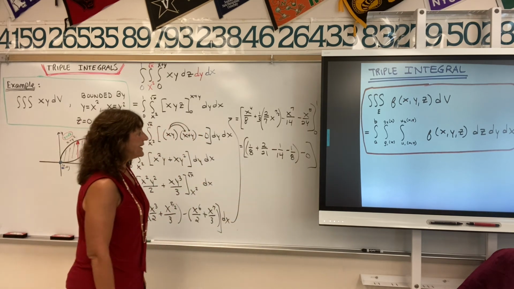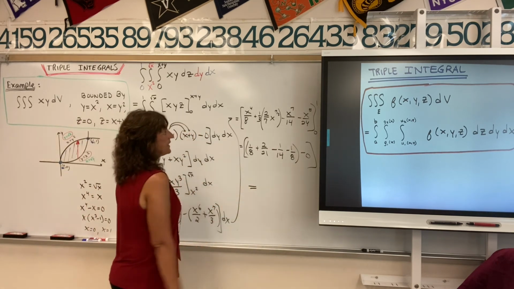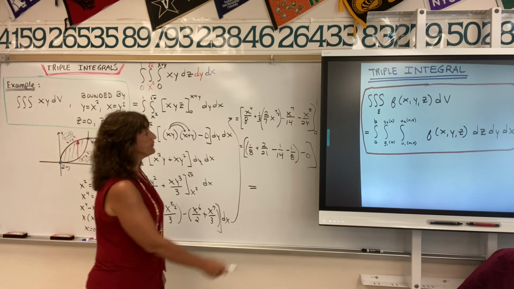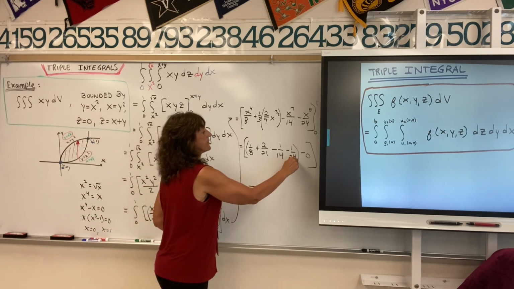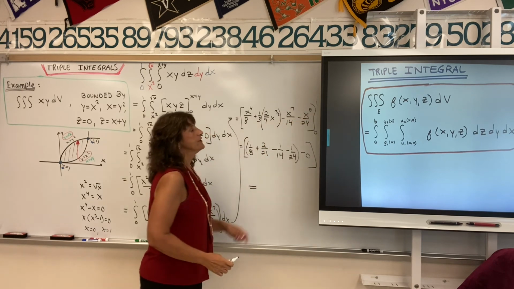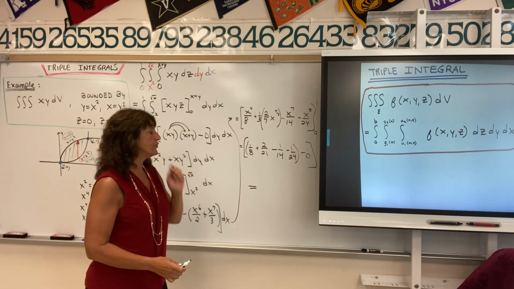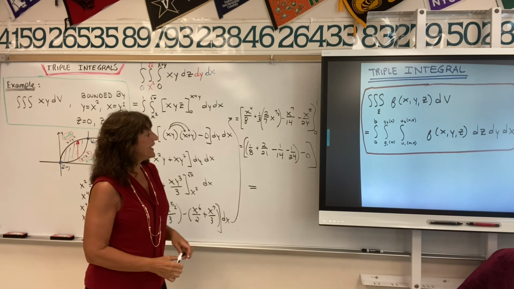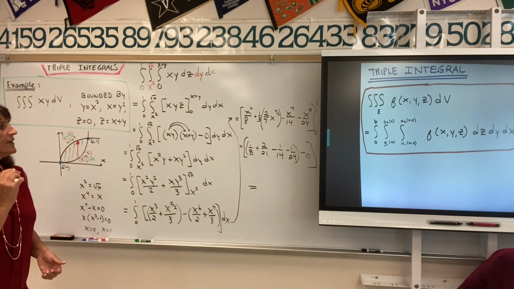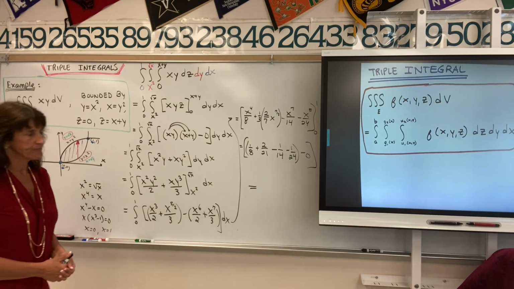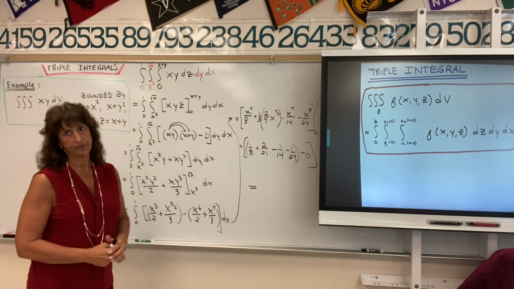And then, I'm just noticing this, 1 over 24. So when you plug in 1, you have 1 to the 8th over 24. So 1/8 plus 2 over 21 minus 1/14 minus 1 over 24. So that's what your answer is.